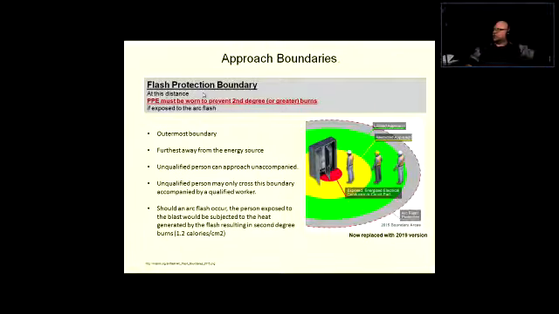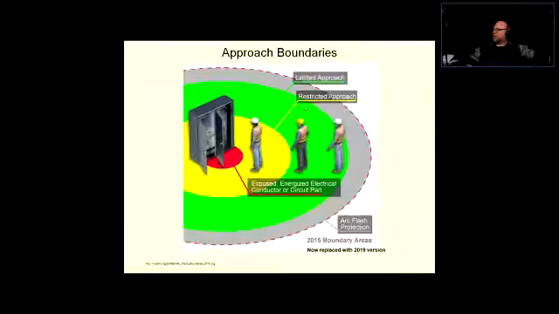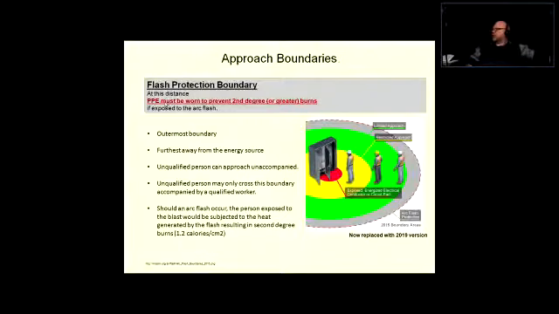So here is the gray boundary, all right? I'm going to analyze them one by one a little bit. Gray boundary. At this distance, PPE must be worn to prevent second-degree or greater burns if exposed to an arc flash. It's the outmost boundary, the furthest away from the energy source.